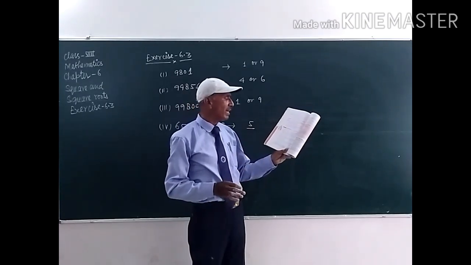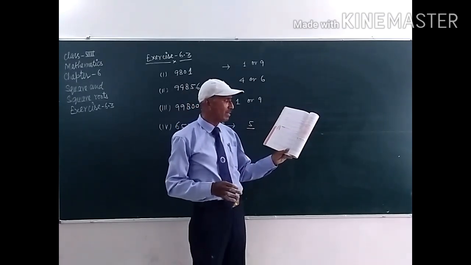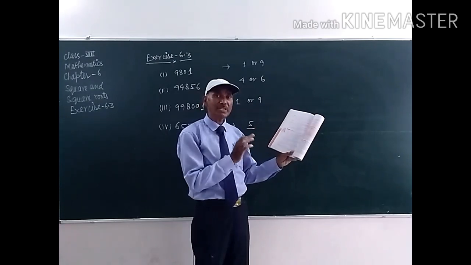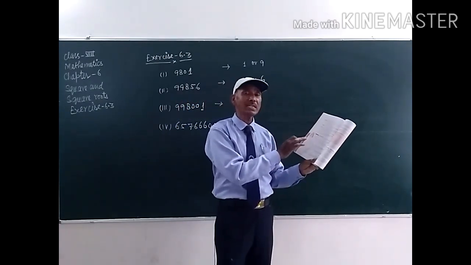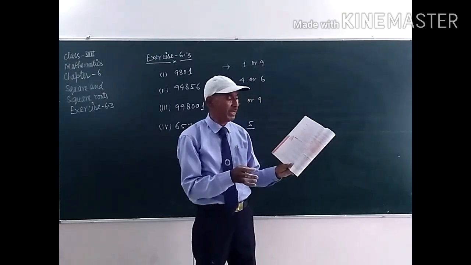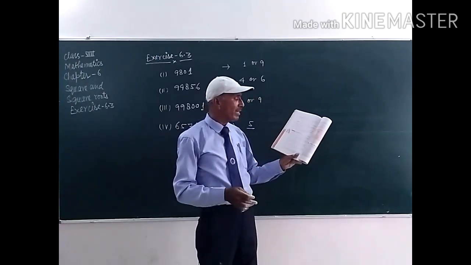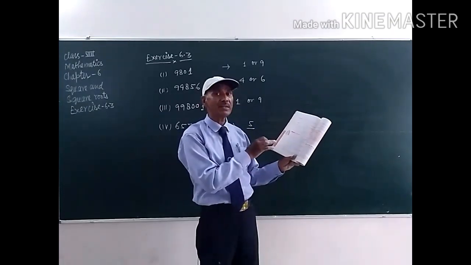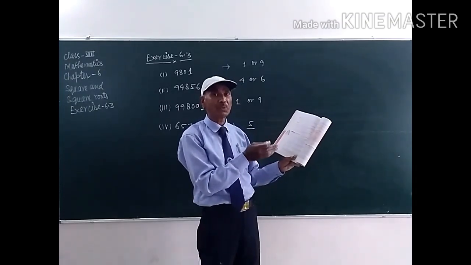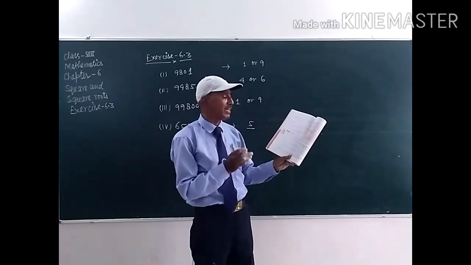Second number is 257, and it ends with 7, means the unit digit of this number is 7, student. So it is surely not a perfect square number. And third number is 408. Student, it is again not a perfect square number because the unit digit of this number is 8.